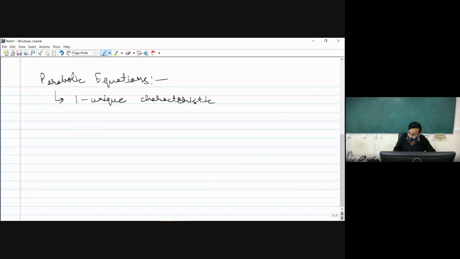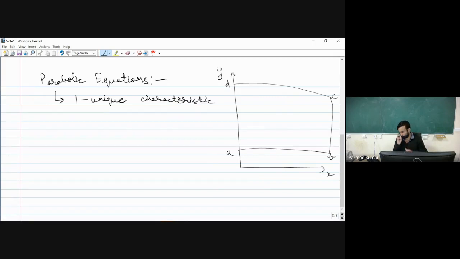Let me take an XY plane, and in this XY plane I have my domain as A, B and C to D. This is my overall domain, and say I have some point over here as my point P. One important thing we have understood is that with parabolic type equations, we have only one characteristic line. Let me consider that this is my characteristic line, which is passing through point P.